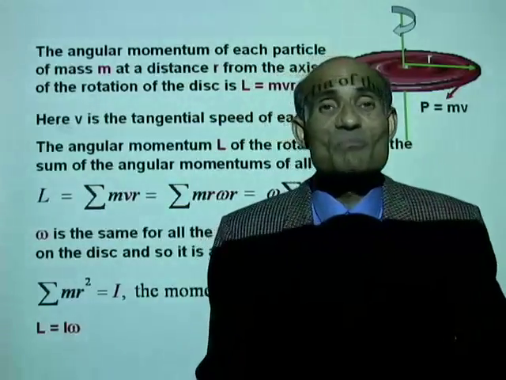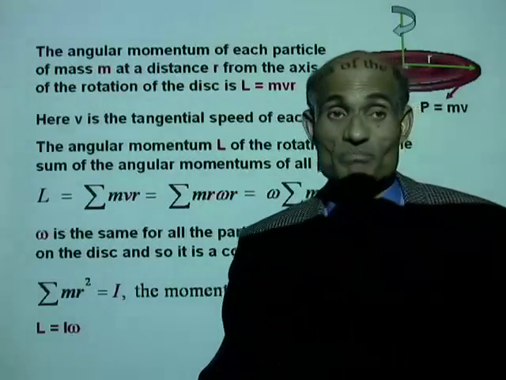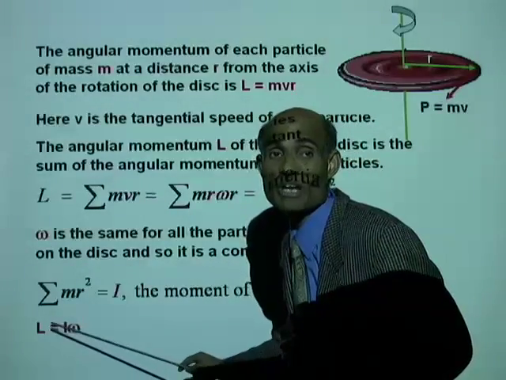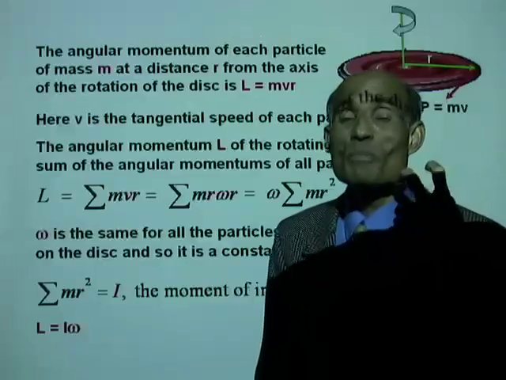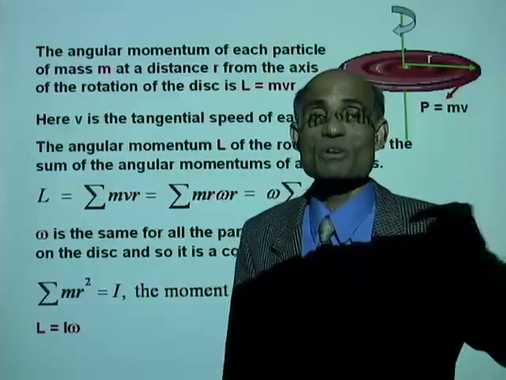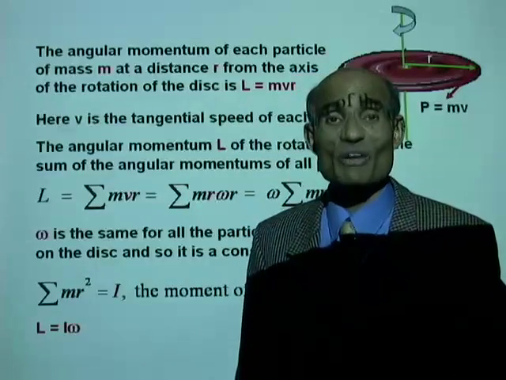The angular momentum of rotational motion is I omega, where I is the moment of inertia of the particle about the axis of rotation and omega is its angular velocity.